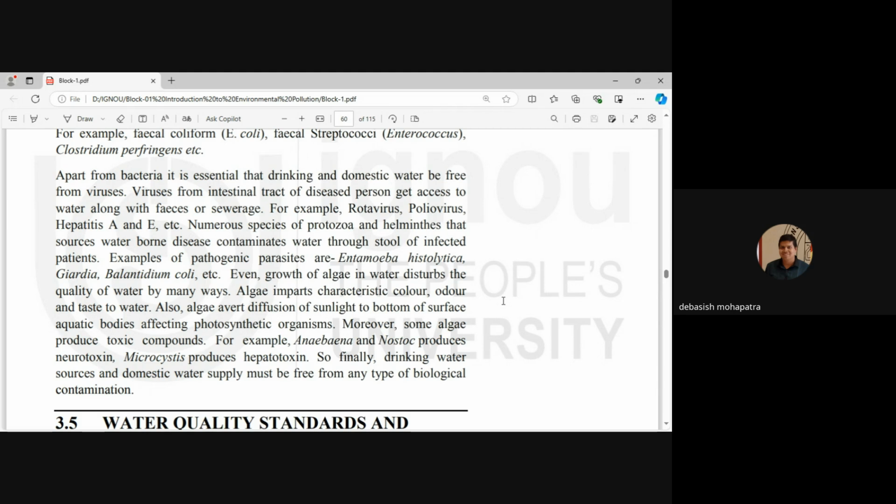Moreover, some algae produce toxic compounds, for example, Anabaena and Nostoc. So our drinking water should be free from all these Anabaena, Nostoc, neurotoxin microorganisms, so that we are healthy.